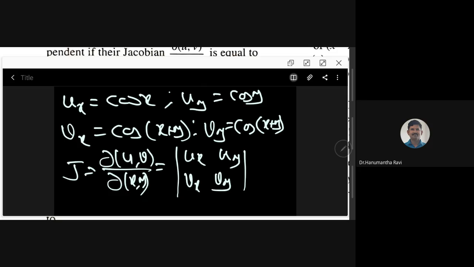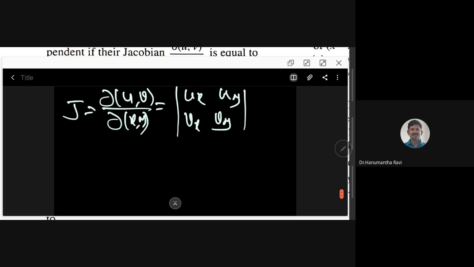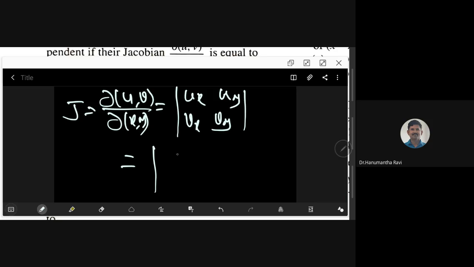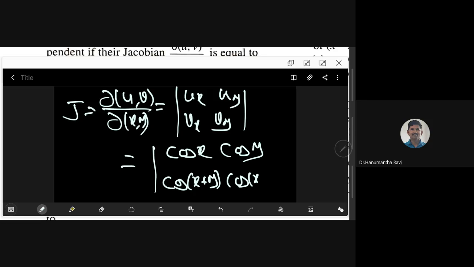This is equal to cos x, cos y, cos of x plus y, cos of x plus y. Very nice.